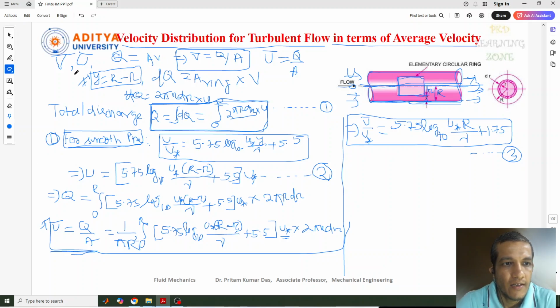Very simple thing. We know how to calculate average velocity: velocity equals discharge by area. So average velocity we can calculate from the discharge term. What is the total discharge from this pipe?